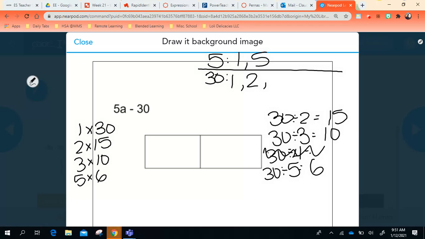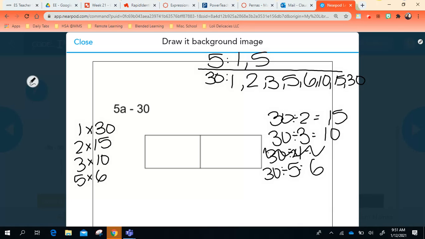Now that I can think of, does anything else go into 30? 10. We have 10. So I can use this to do my chart. So I have 1, 2, 3, 5, 6, 10, 15, and 30.